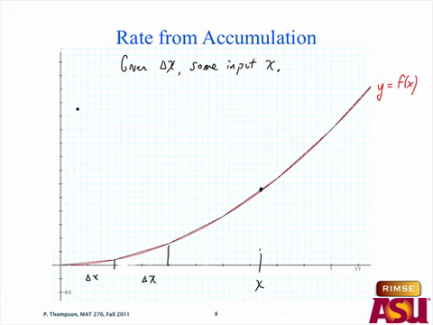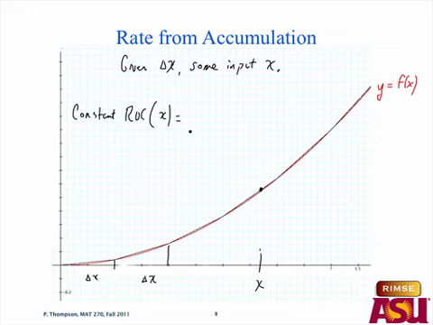What is the constant rate of change? And this is the constant rate of change for the approximating function at x. Okay, so we're going to build a rule where all we need is delta x and the input x, and the rule will spit out what that constant rate of change is.